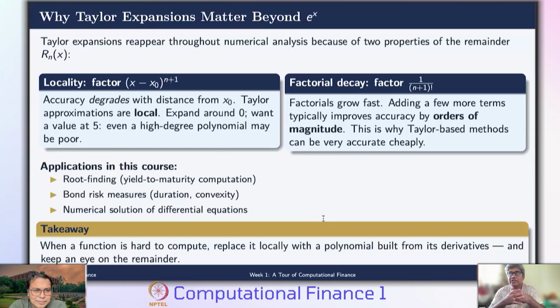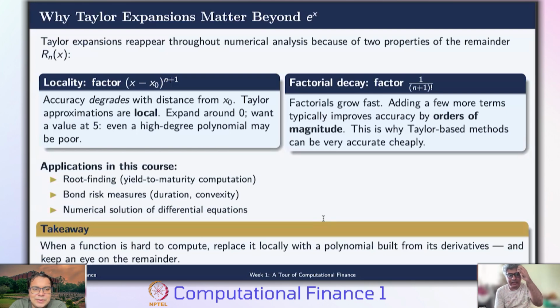Taylor series expansion is one such expansion. There are other methods to expand the function and build from its derivatives, and then keep an eye on the remainder. If you have a very complex function, you expand it using polynomials, keep estimating each term, and keep an eye on the remainder. As long as the remainder is very small, you can say that the estimate from this polynomial is essentially the estimate of the function.